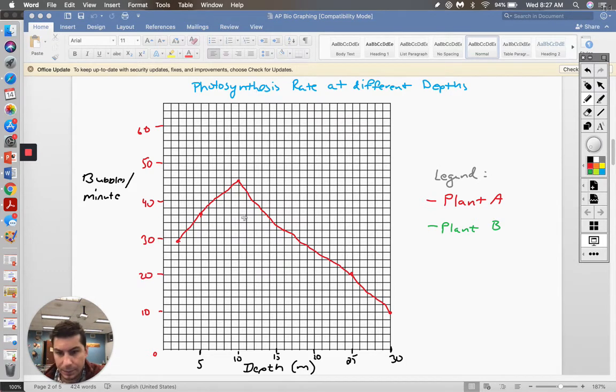At plant B, at 2, it was 21. So right there. At 5, it was 27. At 10, it was 40.